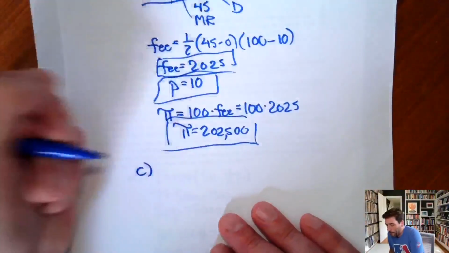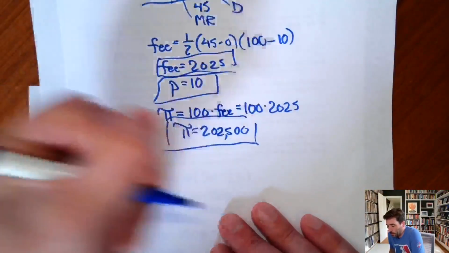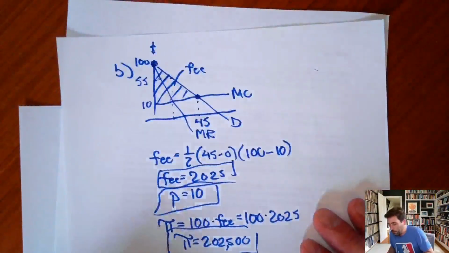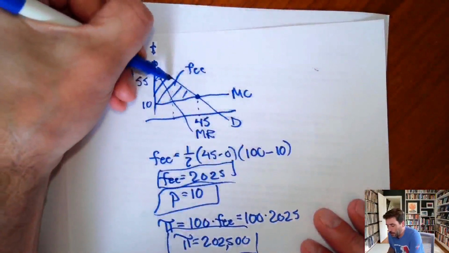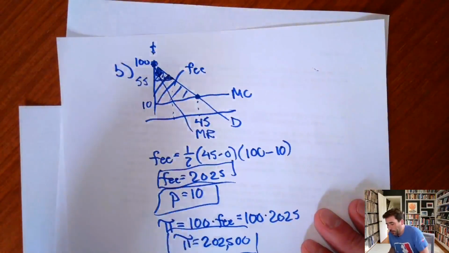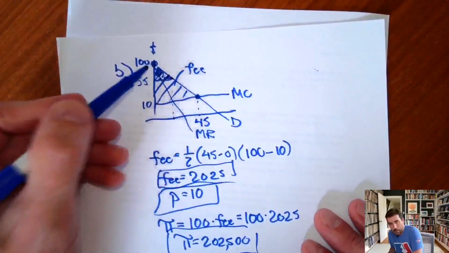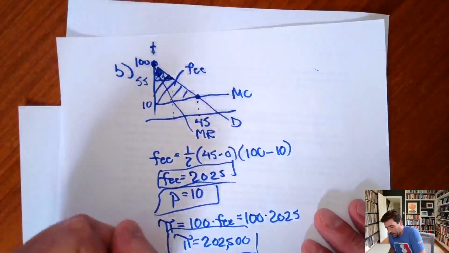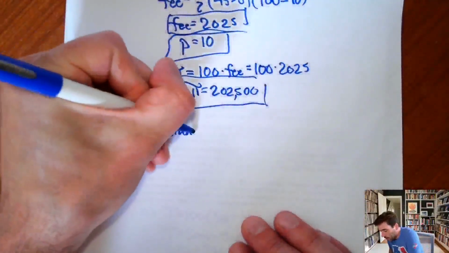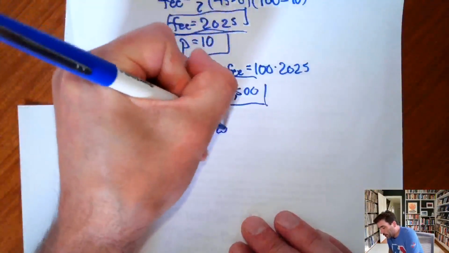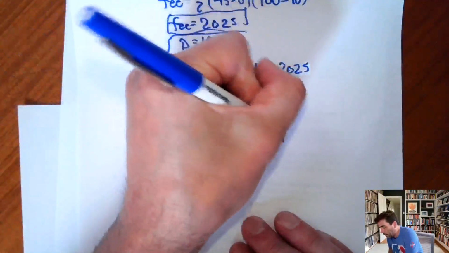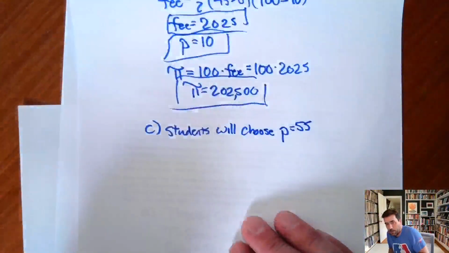All right, so the big issue here is that students are going to pick whichever option gives them more consumer surplus. If we go back up to our little graph from before, they were still getting this area in surplus in Part A, right? In Part B, they're not left with any surplus because we charged the fee equal to that. So because of that, students will choose that price of 55 for Part A, right?